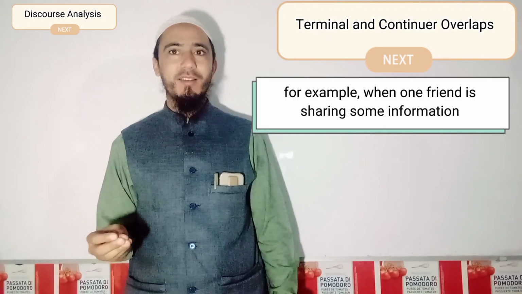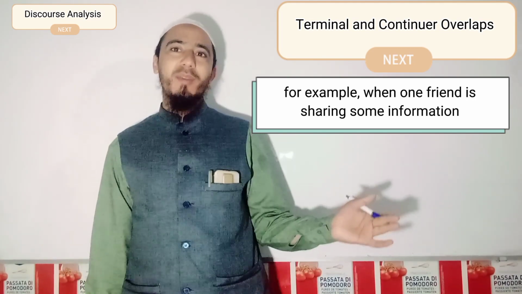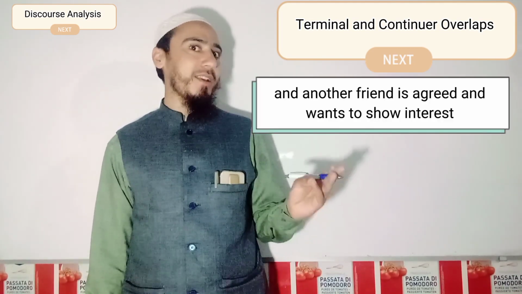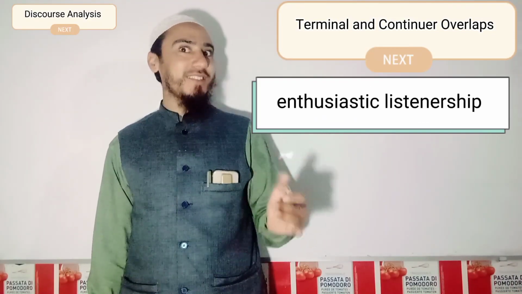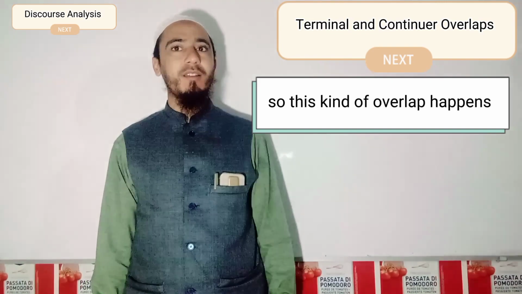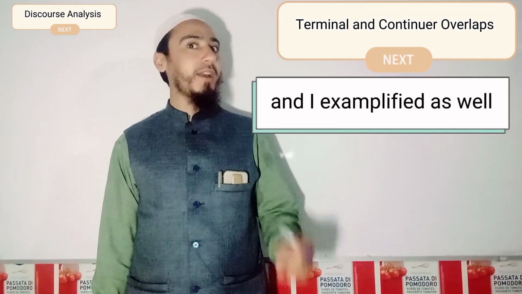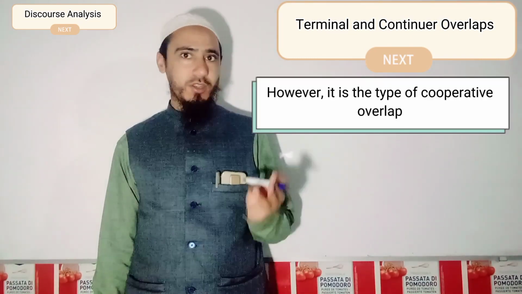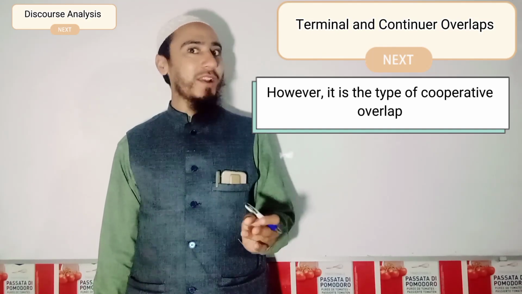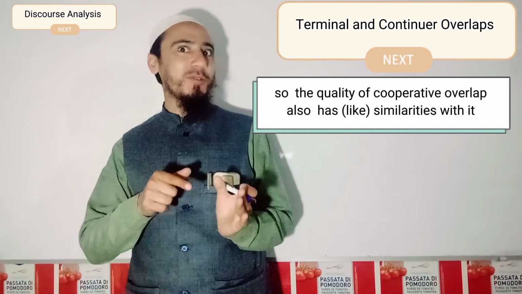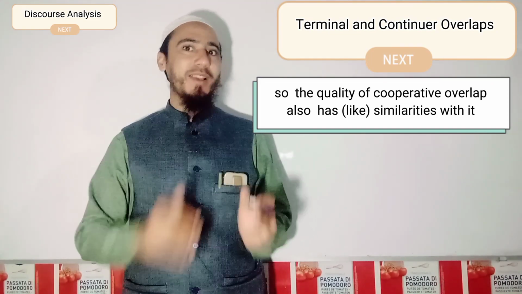For example, when one friend is sharing some information and another friend wants to show interest, agreement, enthusiastic listenership, this kind of overlap happens, and I exemplified it as well. However, it is a type of cooperative overlap, so the quality of cooperative overlap also has similarities with it.